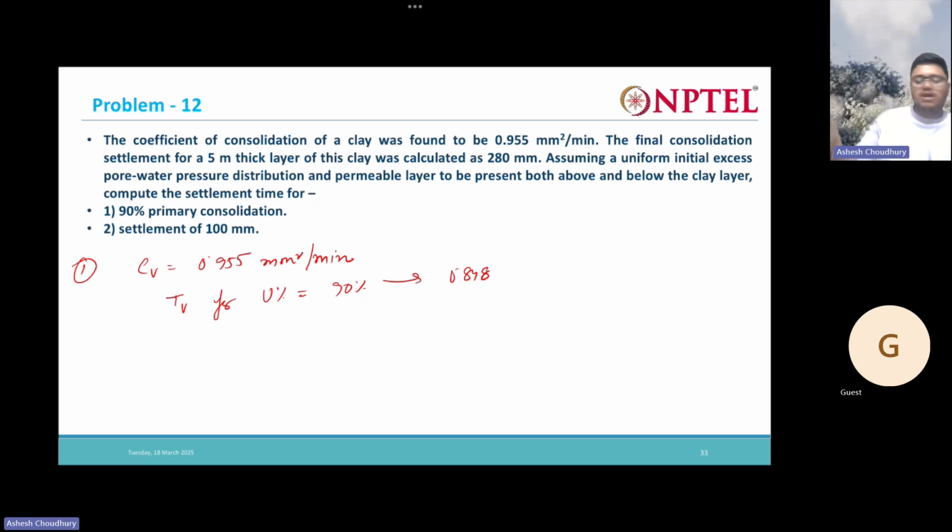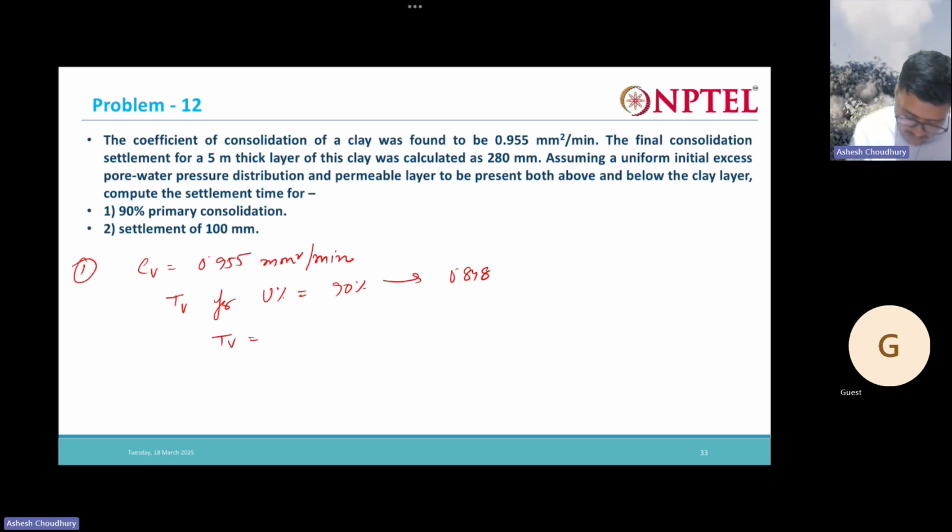If you use the relation for 90%, you will get Tv for 90% consolidation as 0.848. This you can remember: for 90% the time factor is 0.848, and for 50% consolidation the time factor is 0.197.